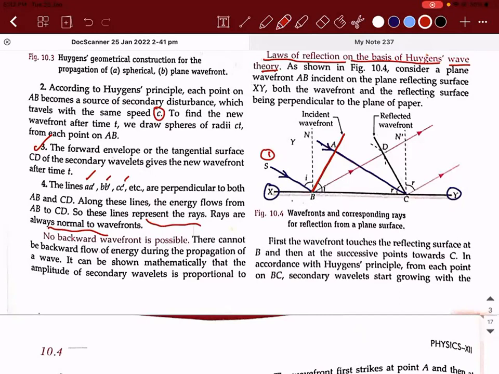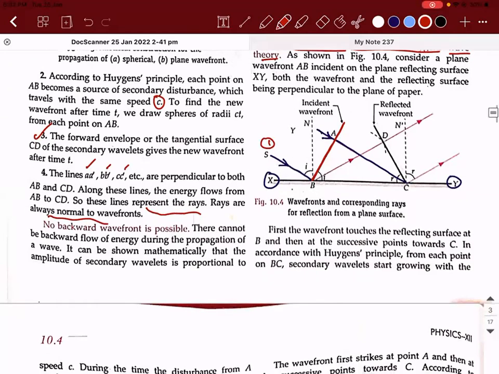Then from each point on BC there will be these kinds of wavelets getting generated. Now observe. The first ray has already hit the surface, and the second ray is traveling an extra distance of c into t in time t.